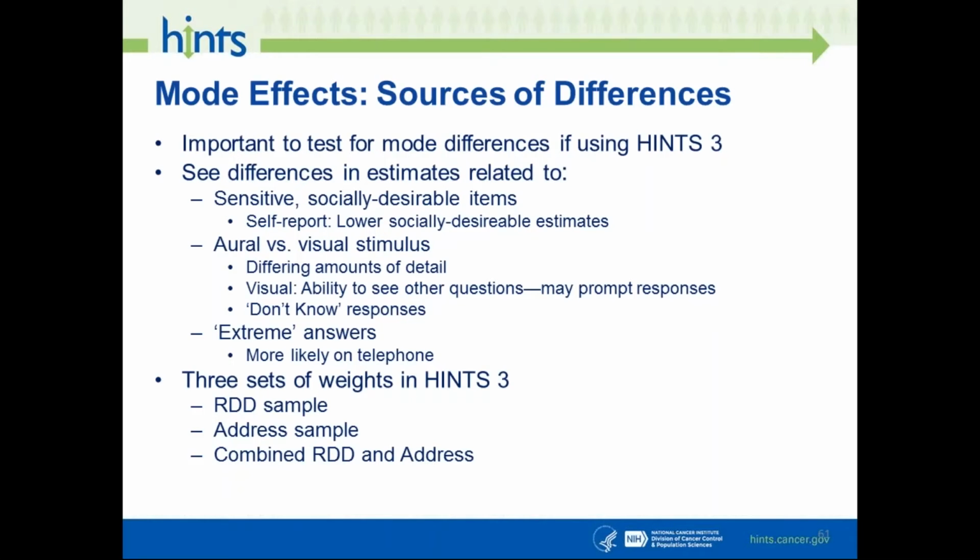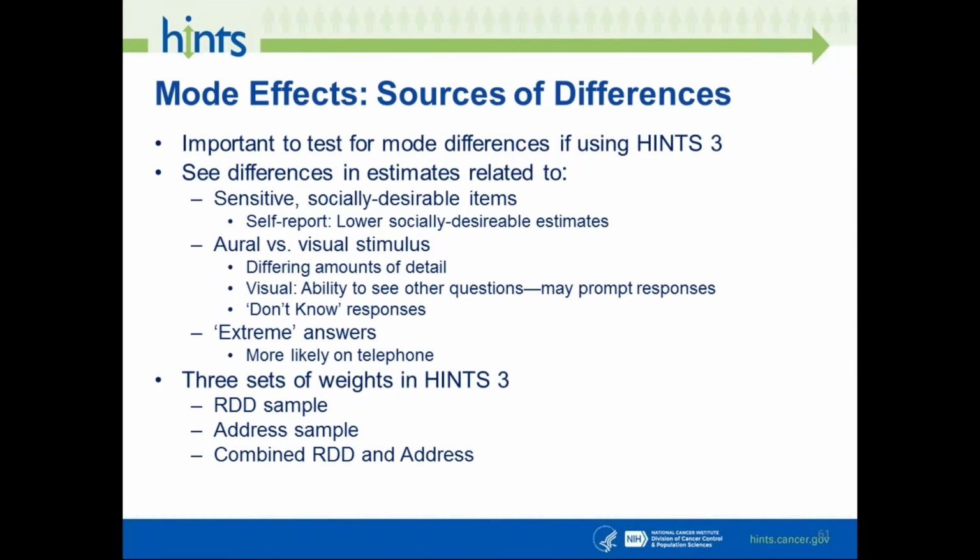And we see this. For example, people on the phone tend to say they weigh a little less than they really do, or they're a little taller than they really are. Or they may say, oh yes, I've heard of that, I'm very aware of that. Because you're thinking about socially desirable things. Do you smoke? These kinds of things. So it can happen. I'm not saying it happens in HINTS, but it's something to be aware of.